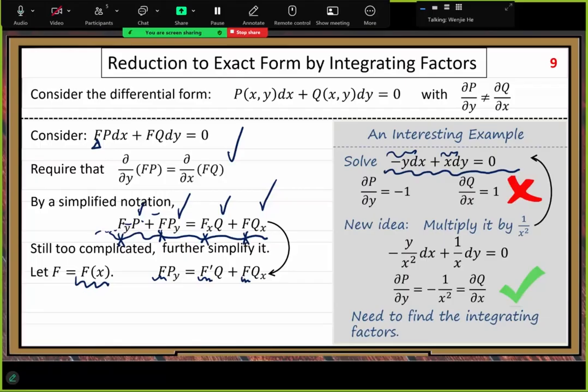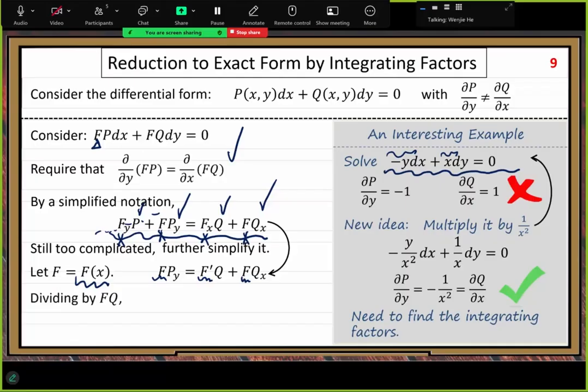Then we have a chance to solve it, right? It's pretty much an ordinary ODE. If you treat f as y, then all you have is y prime. The remaining functions p, q, and their partial derivatives are known. So you have an ordinary ODE, and then you have a good chance to solve it.